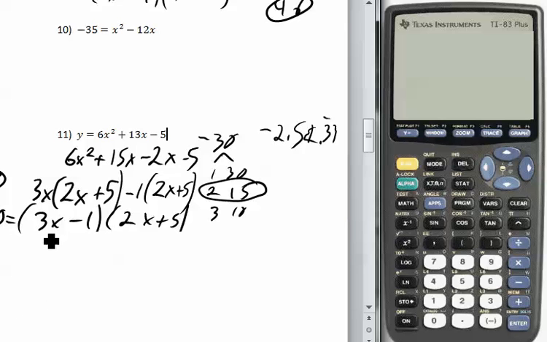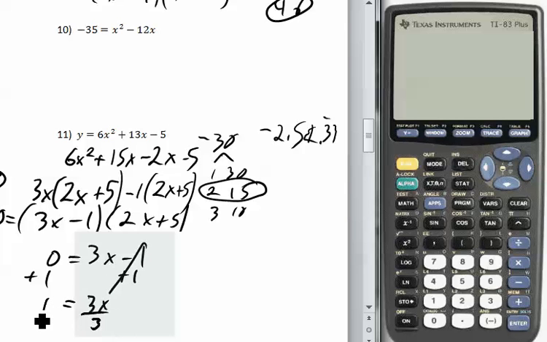So what I have to do, since it's not as obvious now, is set that equal to 0 and then solve this equation for x. So add 1 to both sides, divide both sides by 3, and I get x equals 1/3, or 0.333 repeating.